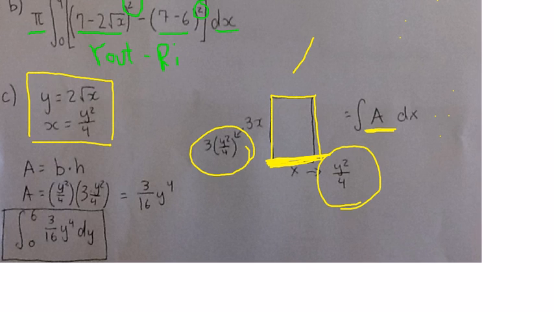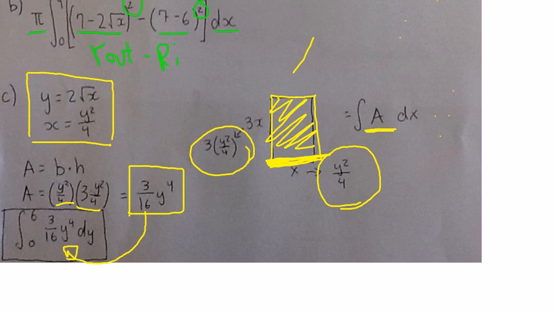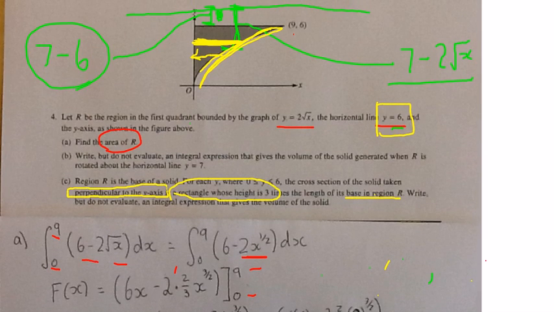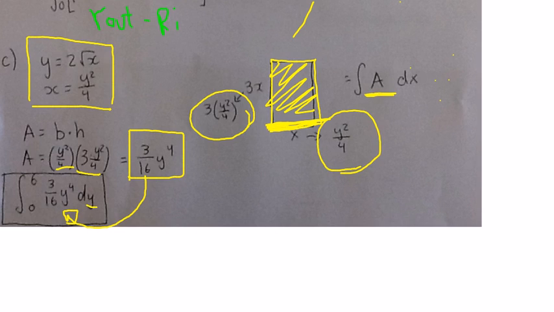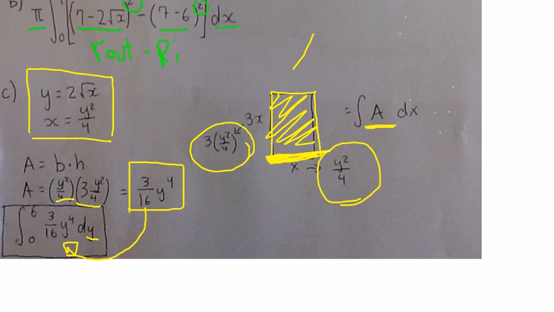And so the area of this is going to be base times height, area. And then we take the integral of the area, but our bounds must be our y coordinates because everything's in terms of y. So 0 and 6, dy. A little trick is that, actually never mind, it's fine. That's it.